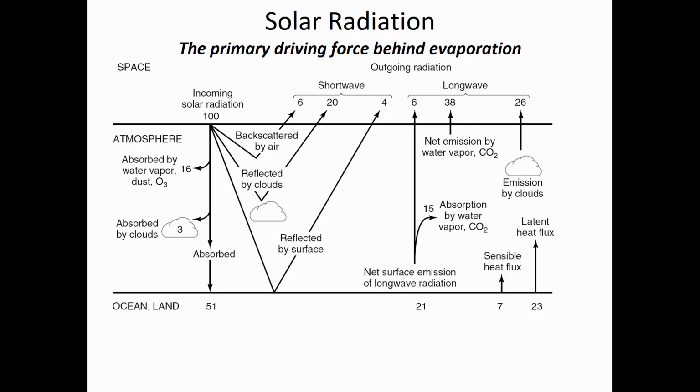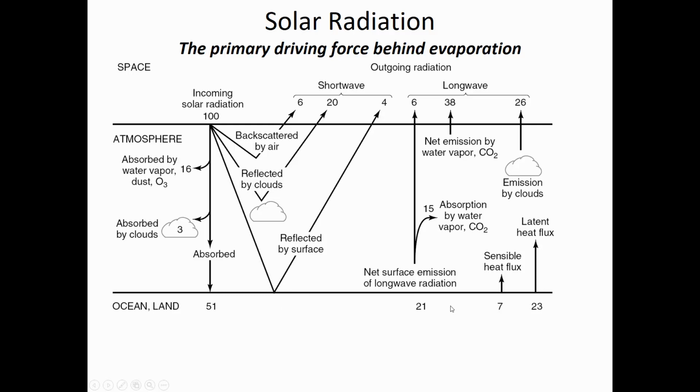All right, so here's another look at the solar radiation, and it's breaking it up into the incoming solar radiation, which is all short wave, and the stuff that is either backscattered or reflected by the clouds or reflected by the surface, that's all short wave because it hasn't been absorbed.